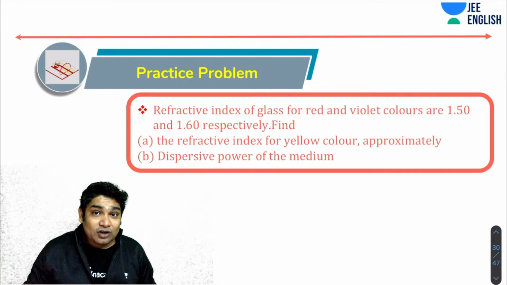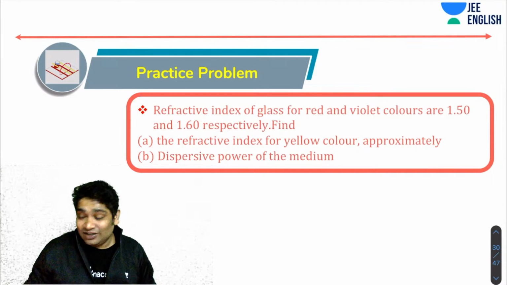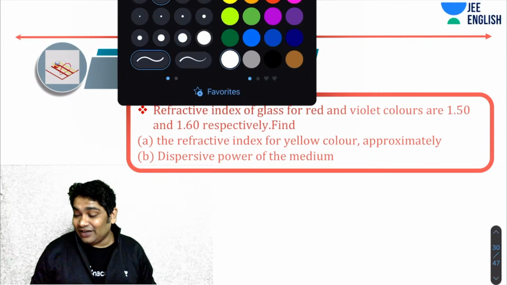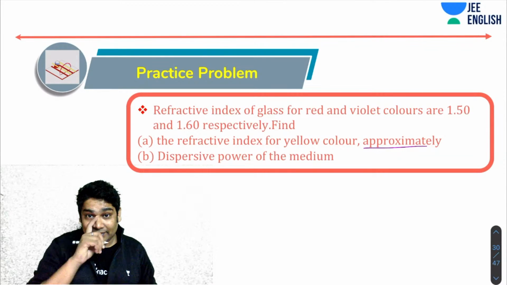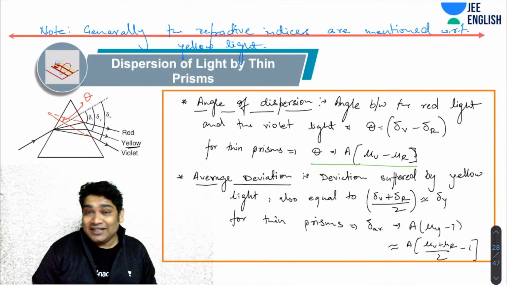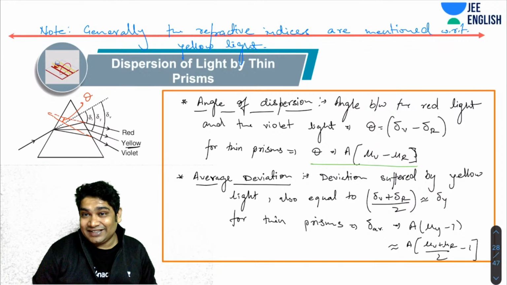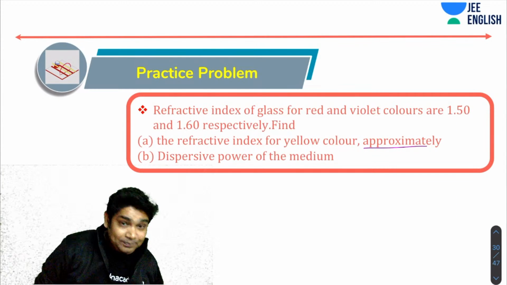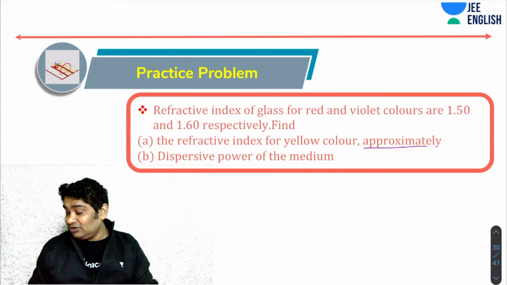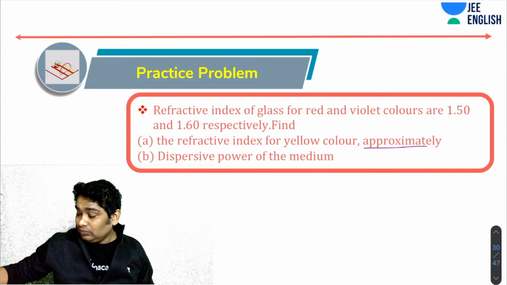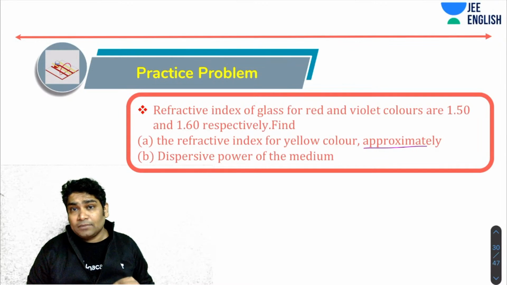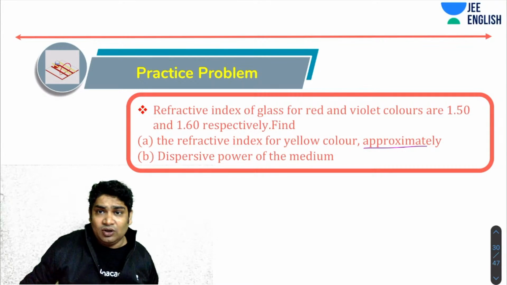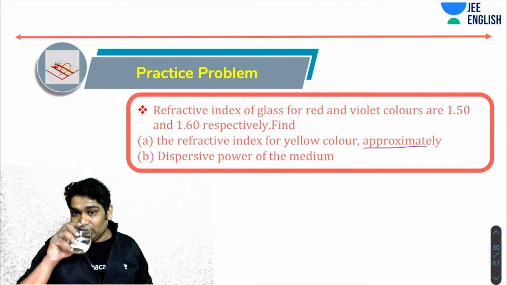I can tell you what the refractive index of yellow is. I hope you remember that from the average deviation: you compare these two equations. So the refractive index for yellow is roughly the average of the refractive indices for violet and red. So hurry up, give me your answers now. Once you know that, the dispersive power also, if you remember the definition, is pretty straightforward.